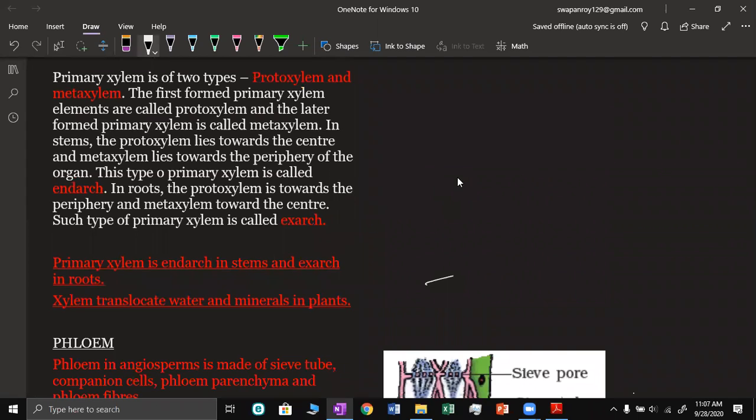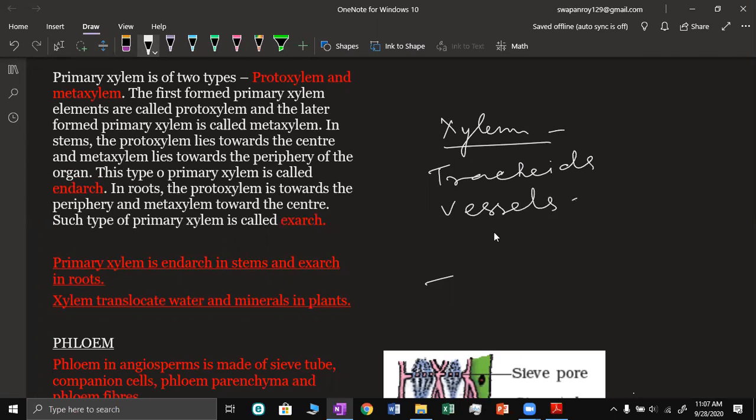So in the xylem tissue there are tracheids and vessels. Vessels are tube-like structures made by joining many cells end to end.